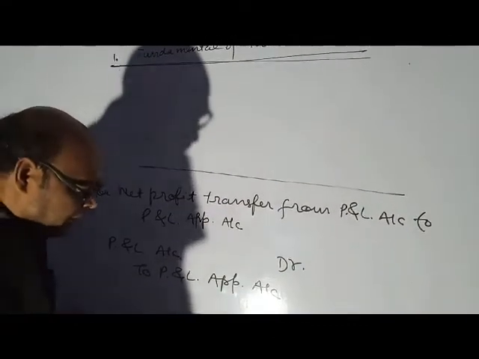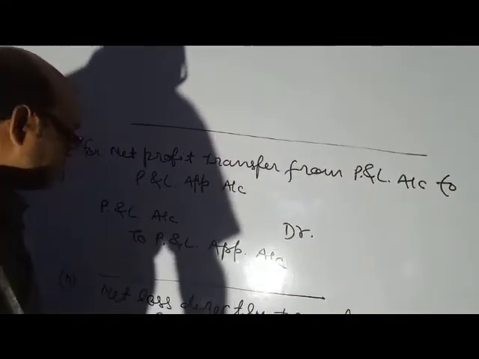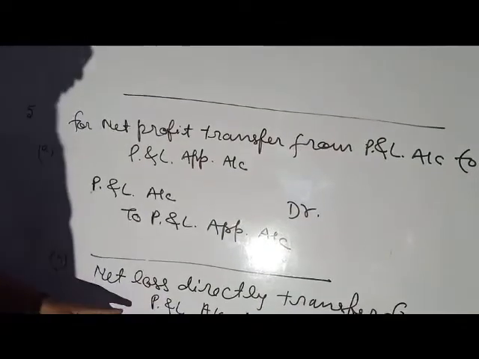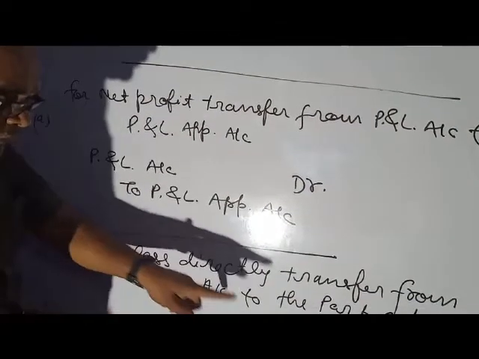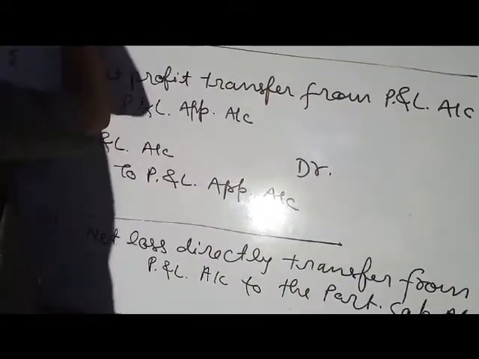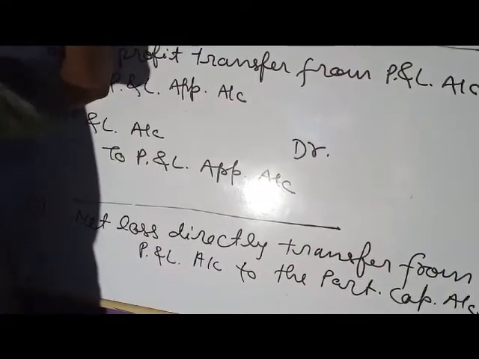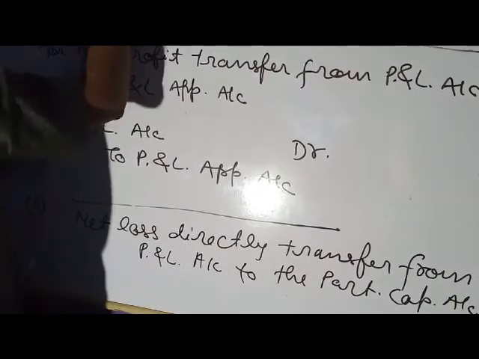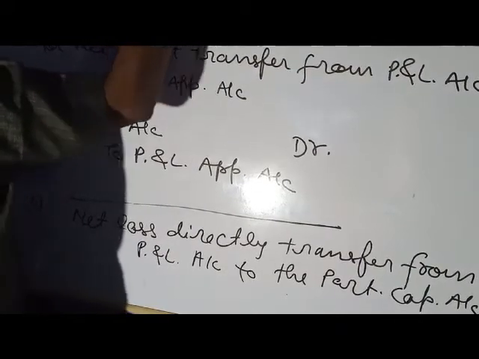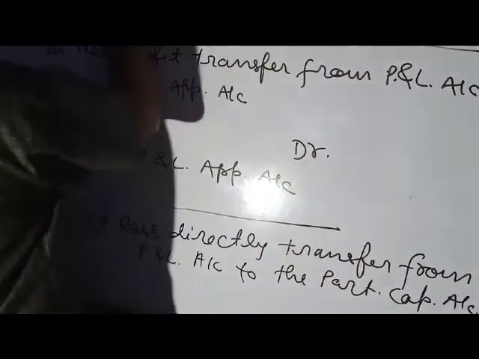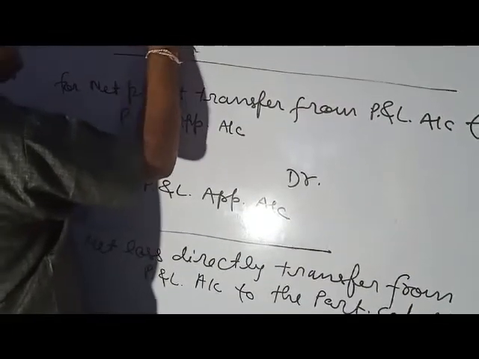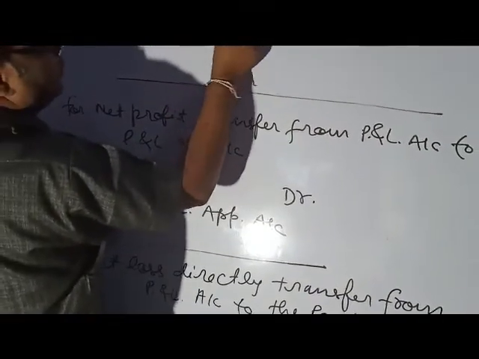So we will pass the entry: partner's capital account debit to profit and loss account.